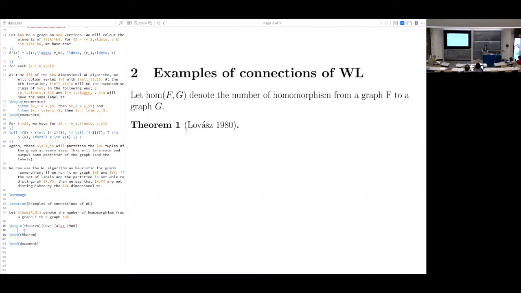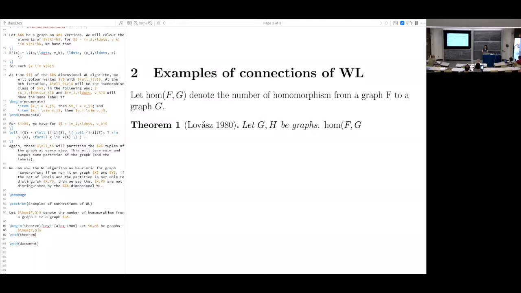And yeah, so this will be connected. What did Lovász show? He showed that if you count the homomorphisms, let G and H be graphs.